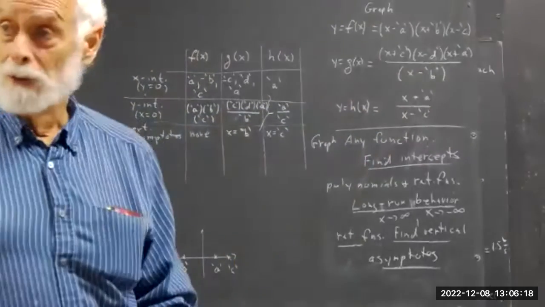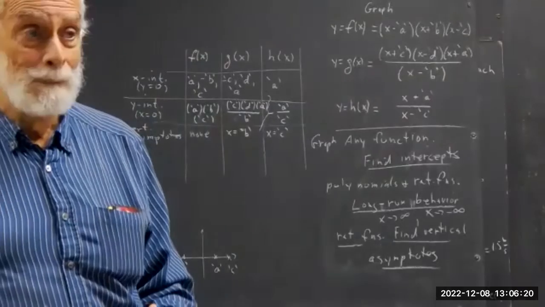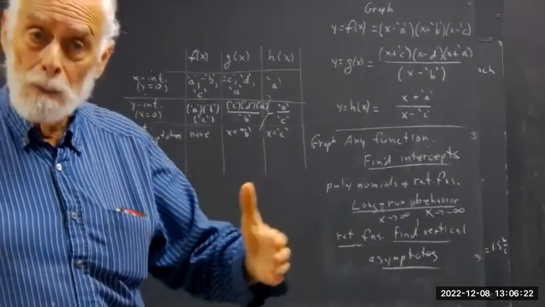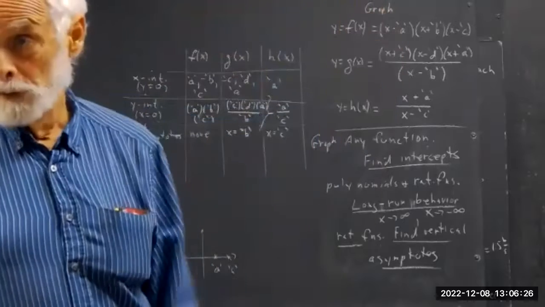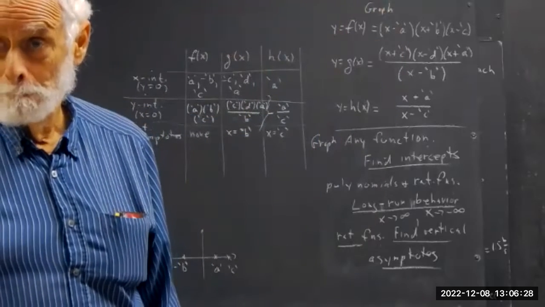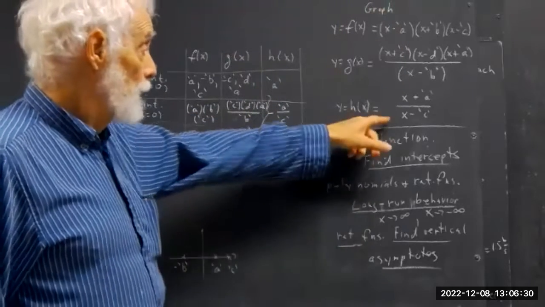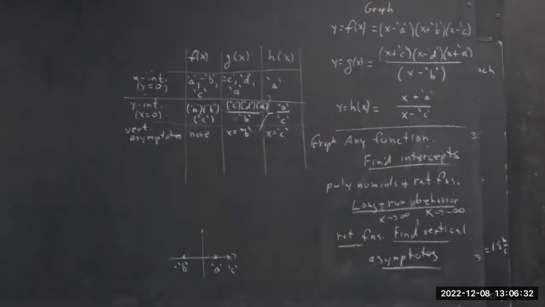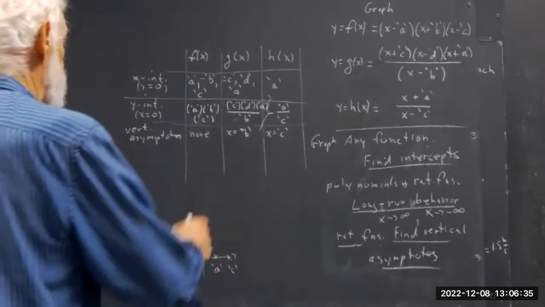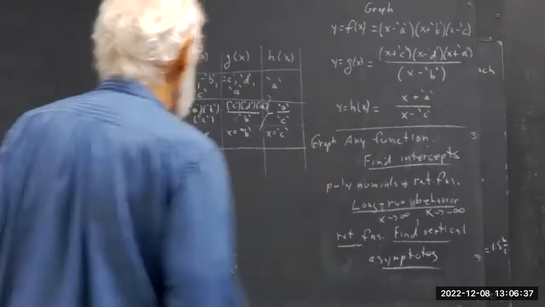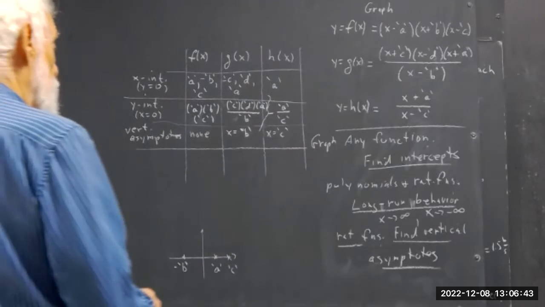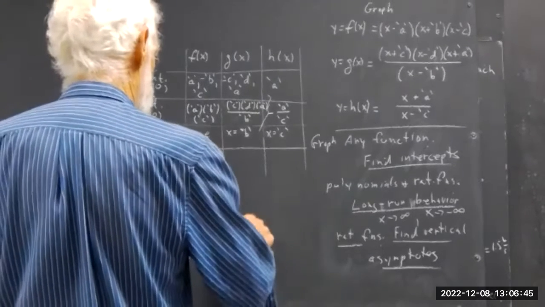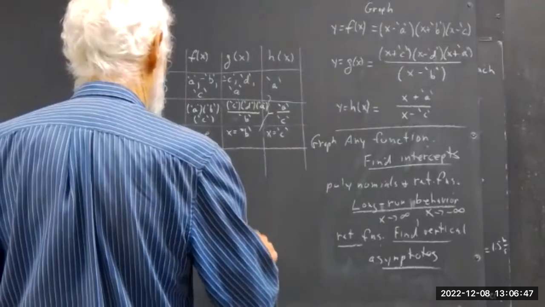You're dividing by a smaller and smaller number, which means your answer gets bigger and bigger. Same thing here. So here we've got a lot of characteristics of these graphs. Now, there's also long run behavior.